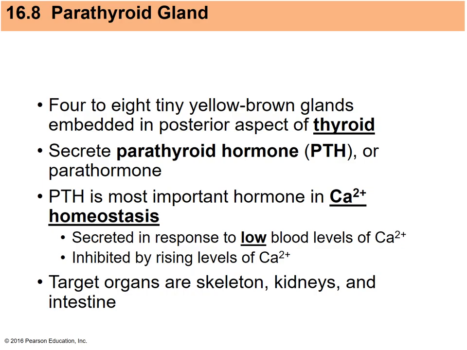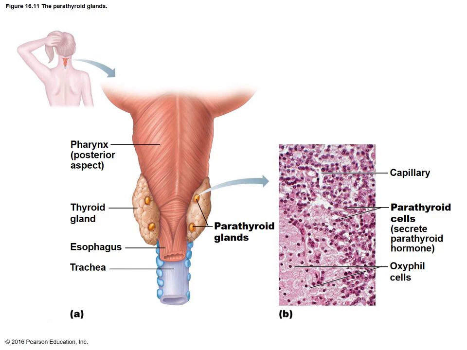It is going to have an effect on target cells in the skeleton, the kidneys, as well as in the intestines. So if the calcium levels are low, you need to get it back up, and so that's how it's going to work. Now in this picture, before we move on, it does show from a posterior view the parathyroid glands. I say they're on the posterior, the back side of the thyroid gland.